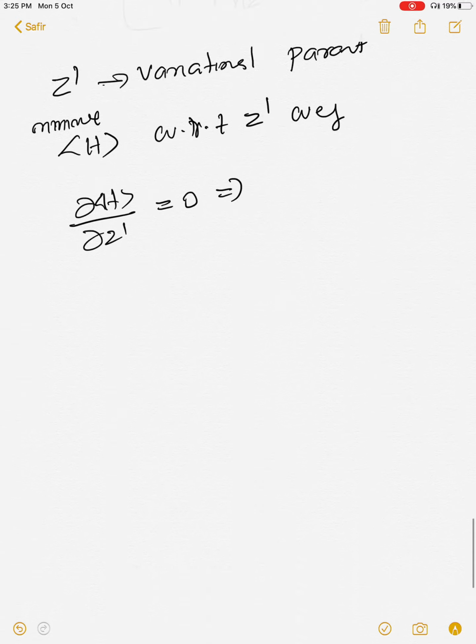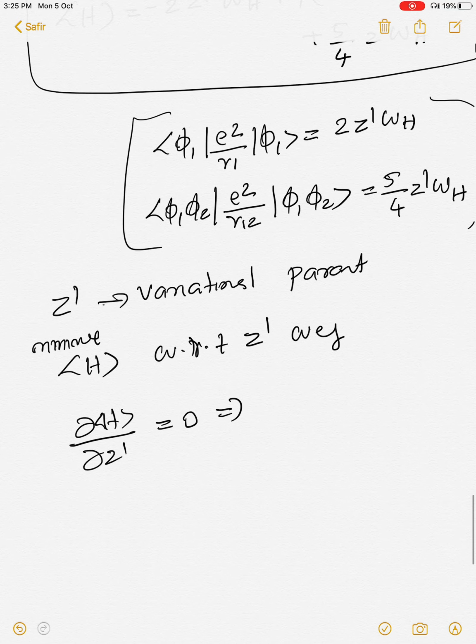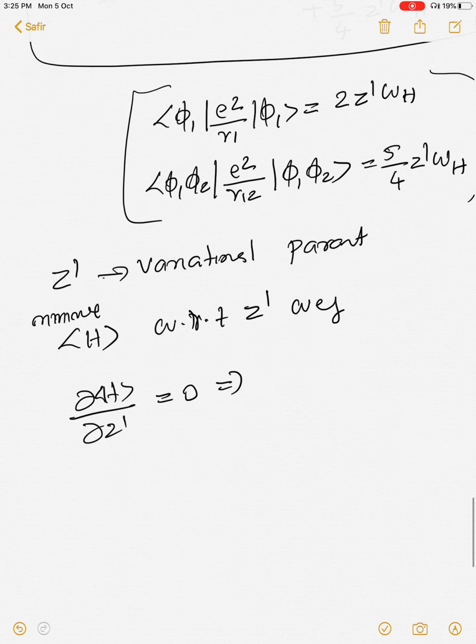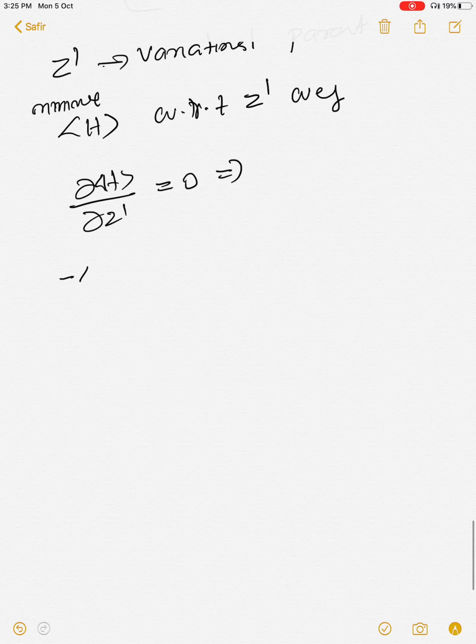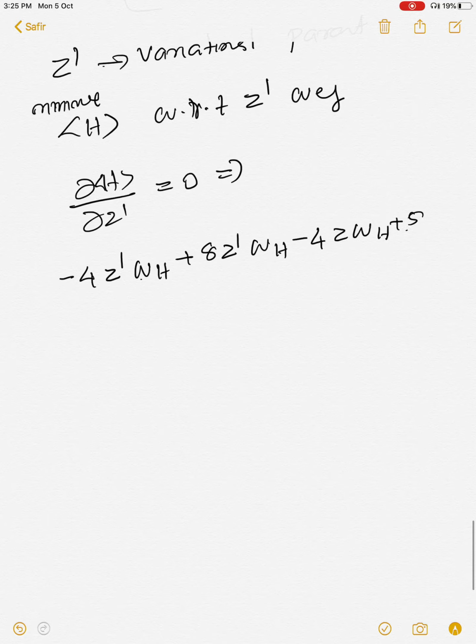This is the minimization condition. So we are differentiating this equation. It's a very simple differentiation: minus 4z prime WH is the first term, plus 8z prime WH, minus 4z WH, plus 5 by 4 WH. So it is equal to 0.